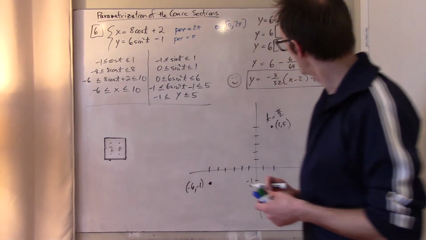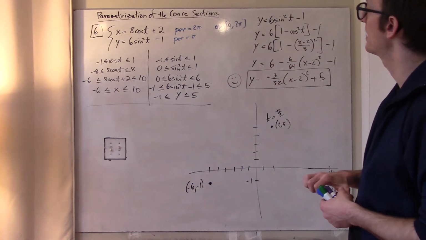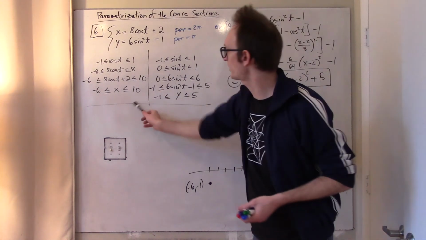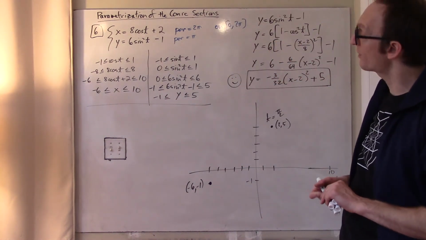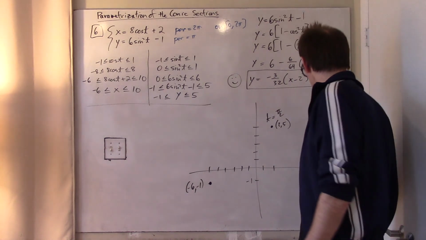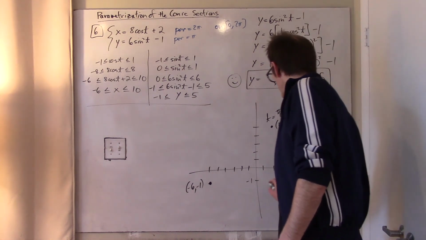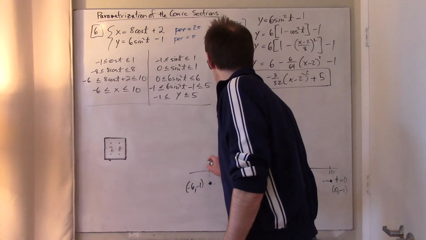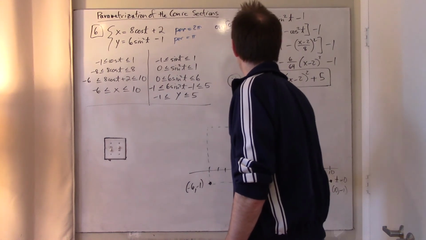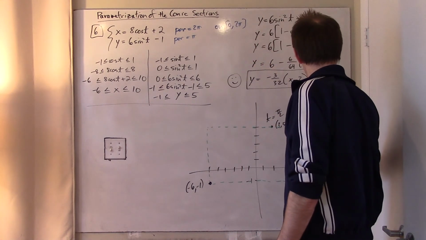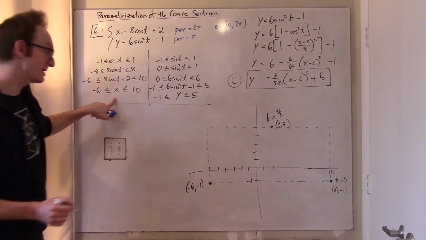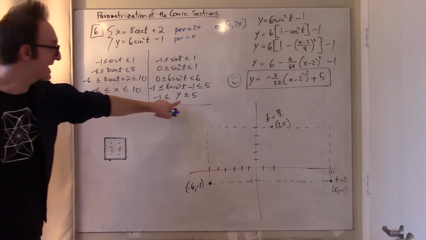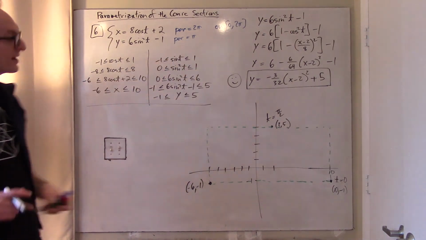And in fact, perhaps it was worth mentioning that all this work I did over here is exactly coming into play, right? Because I already knew that my whole shape was going to occur inside of a box bounded between negative 6 and 10 in the x direction, and negative 1 and 5 in the y direction.